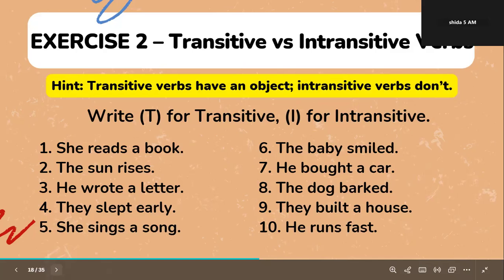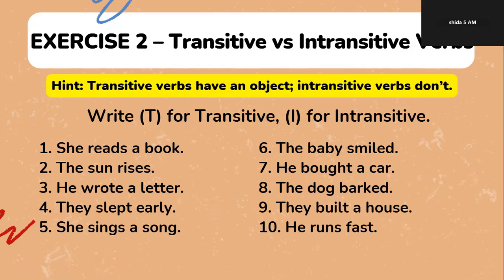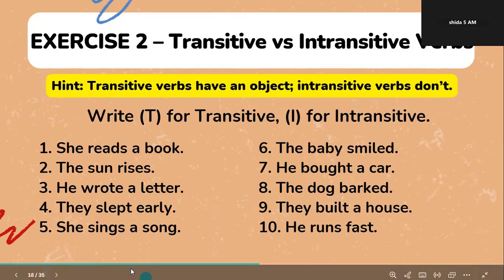Any idea? Transitive verbs have an object. So it's a transitive verb, right? Yeah. He runs fast. Is it transitive or intransitive verb? Of course, it's an intransitive verb.